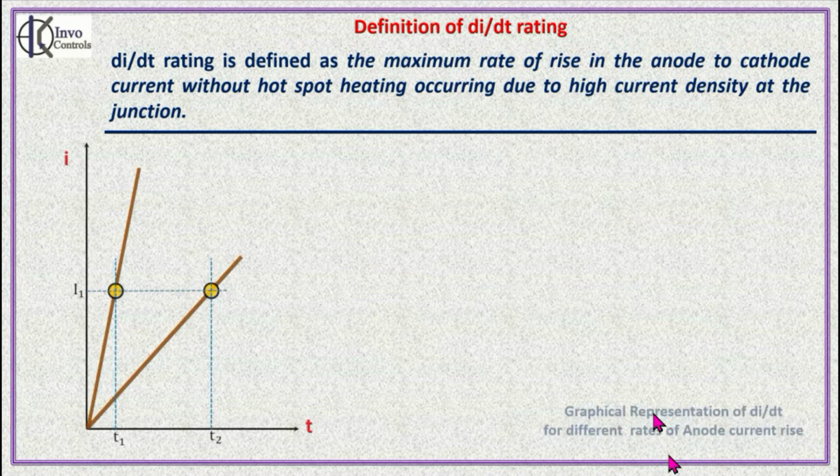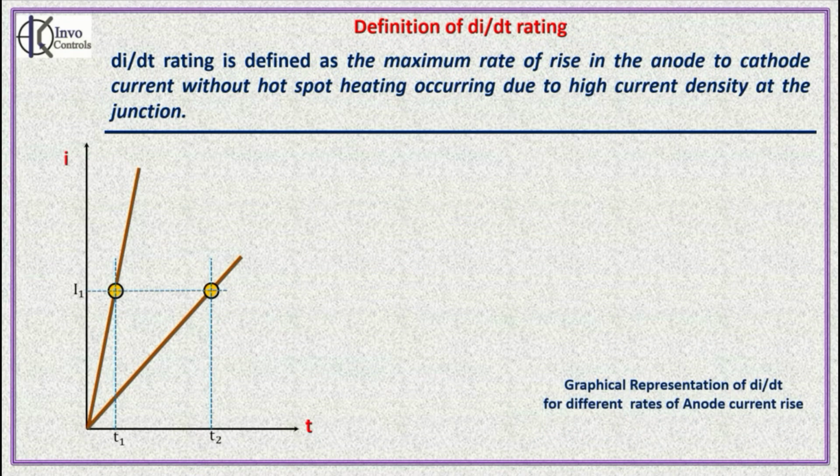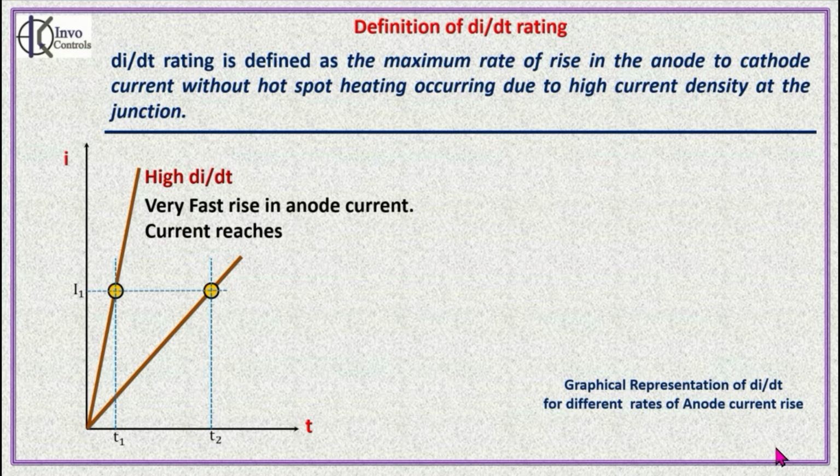The figure shows a graphical representation of di by dt for two different cases. The line with higher slope represents a high di by dt where there is a very fast rise in anode to cathode current with respect to time.